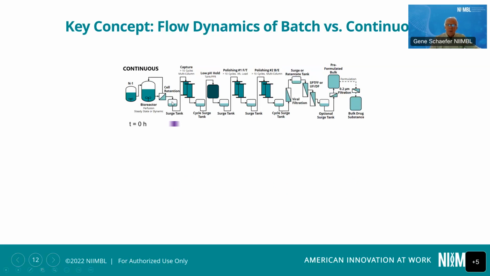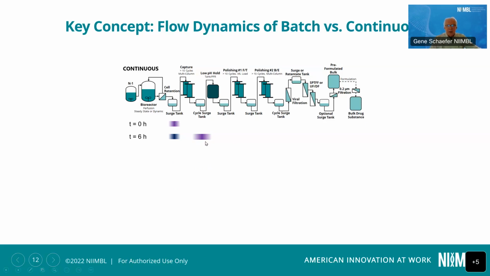Here, as you're moving material through continuously, you will see some variation in concentration of material and concentration of impurities. And as you move further downstream, that dispersion along the process path increases. And we've tried to show that with this shaded bar here.